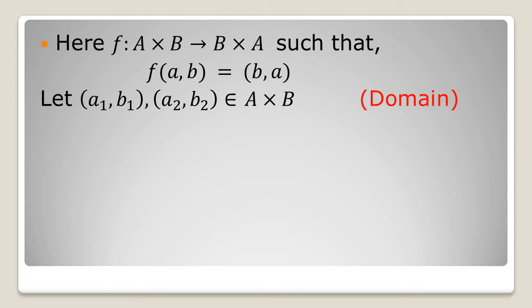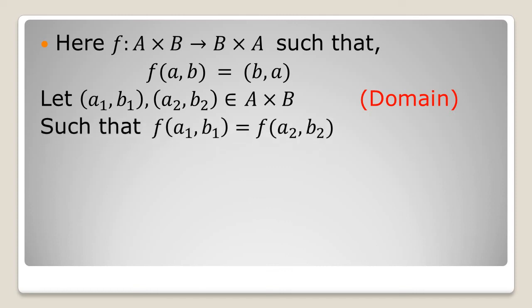This time the elements will be ordered pairs from the Cartesian product a cross b. Those are (a1, b1) and (a2, b2), such that their images are the same, meaning f of (a1, b1) must be equal to f of (a2, b2). Now if we put the values as defined in the function, we get it like this.